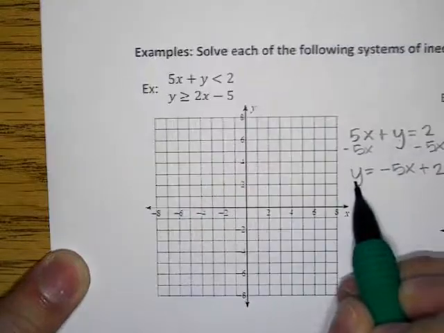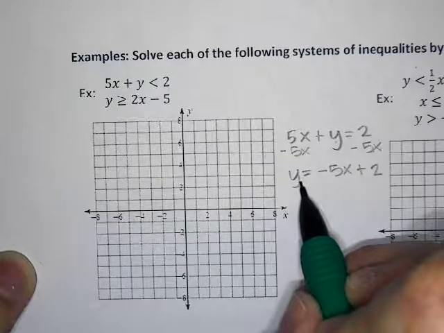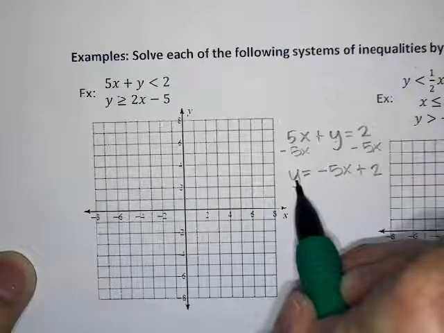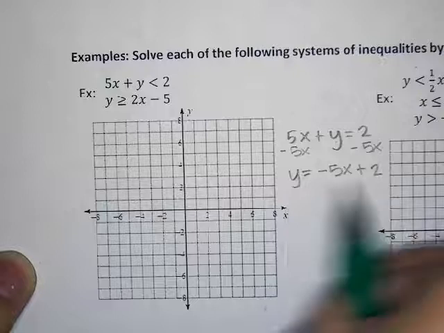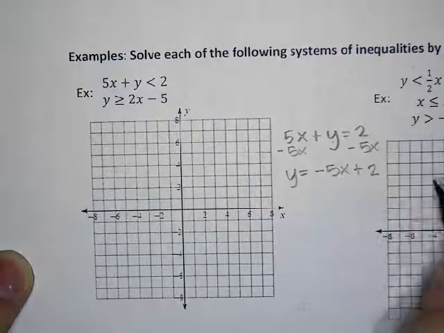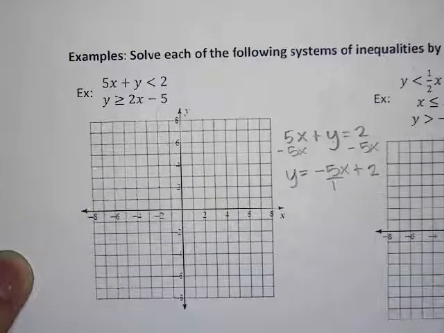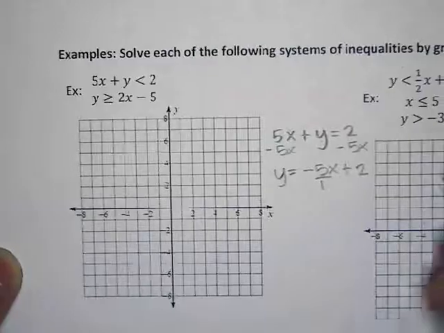Since the y does not have a coefficient, it doesn't have a number in front of it, I don't need to divide anything. The y is actually already alone. So I've got negative 5, which is a whole number. I'm going to make it a fraction by placing a 1 underneath, so I can think of rise over run.